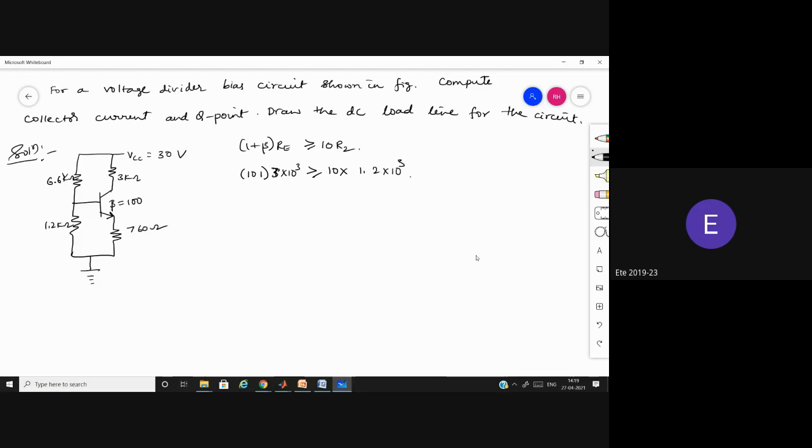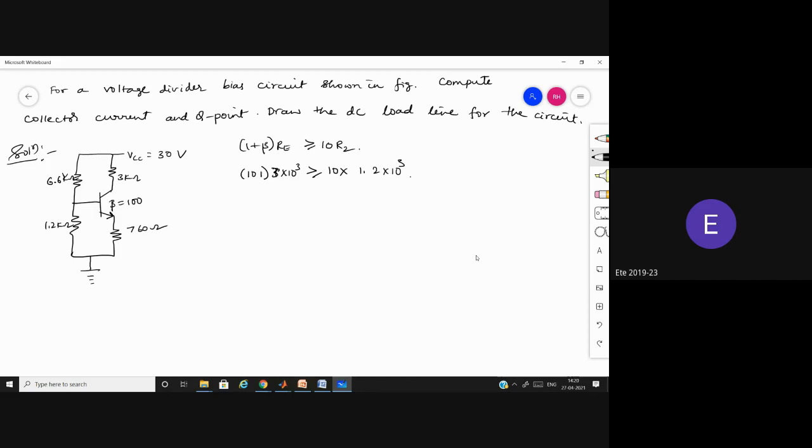Does the condition satisfy? Yes, sir, the condition is satisfying. So we can apply the approximate analysis.